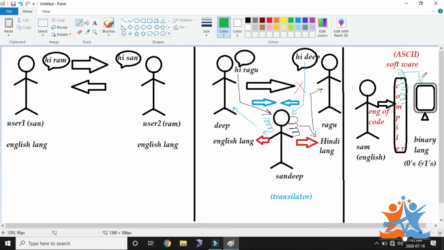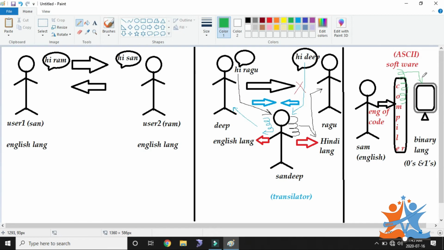And where is this software located? In the system only. Whenever we install that software in a system, it will be located in one space. From that space it is given to the operating system or processor.